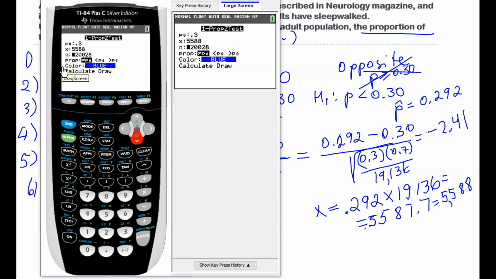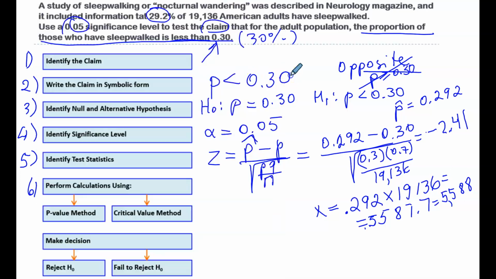Our n is 19,136. Go down. This row, we will find the sign in the alternative hypothesis. Our alternative hypothesis is that p less than 0.3.